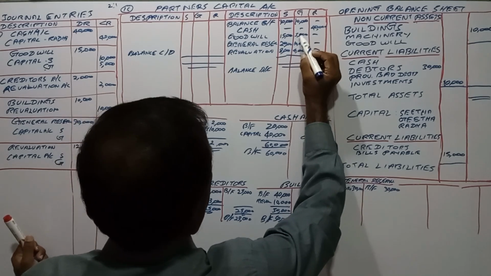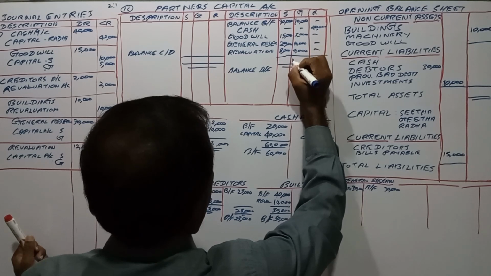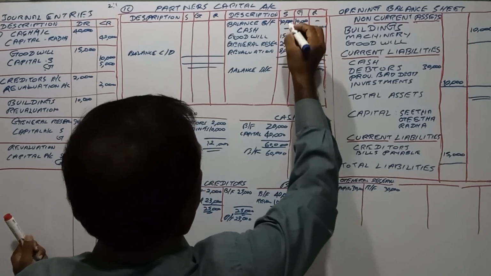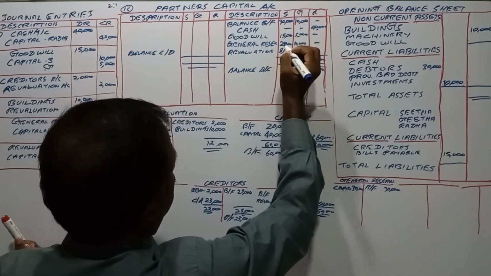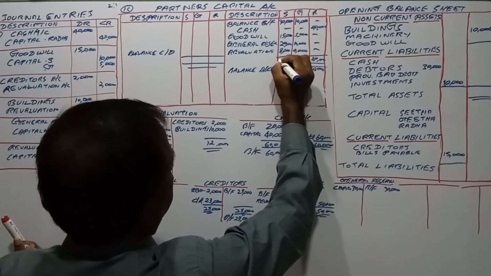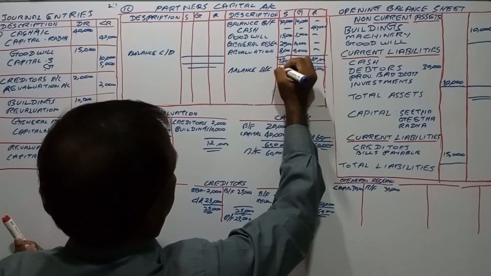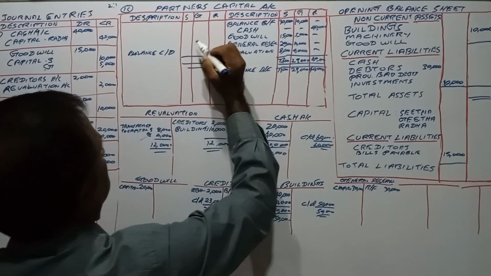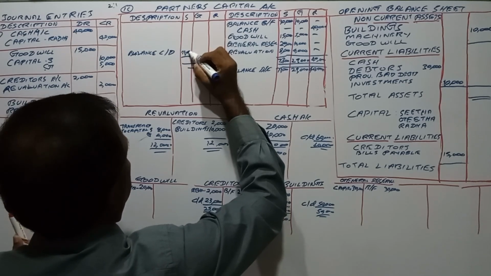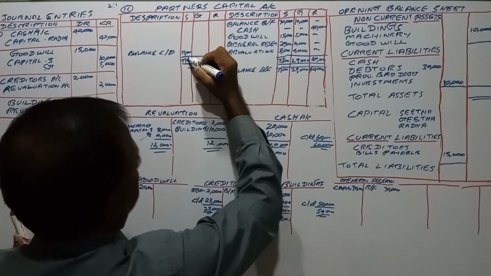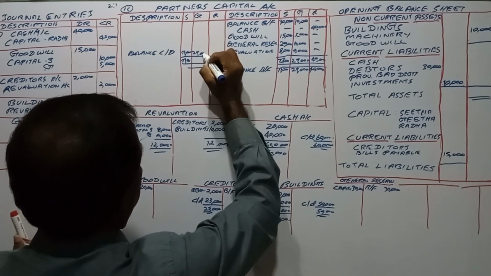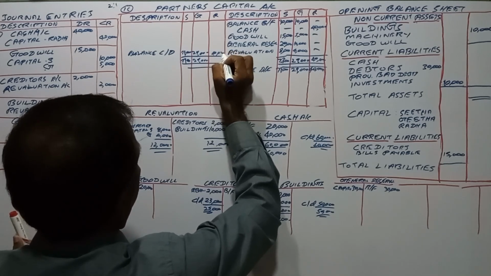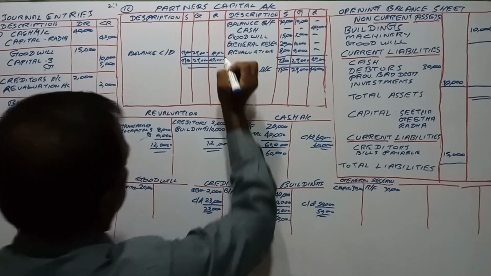Then the totals: 73,000 and 29,000, and this is 40,000 and 40,000, right?